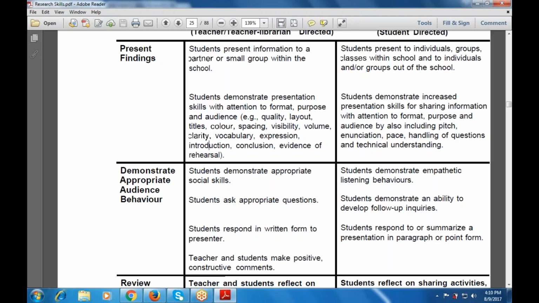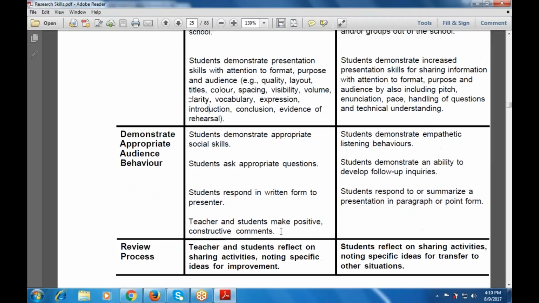The student demonstrates empathic listening behaviors. What are the various listening behaviors that will be used and carried out for the reasonability of the content, that makes the content available whenever it is possible. The teacher and the student make positive constructive comments, and the student also demonstrates an ability to develop follow-up inquiries, whatever follow-up inquiries will be concluded.